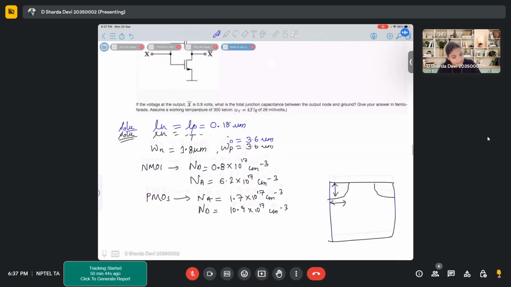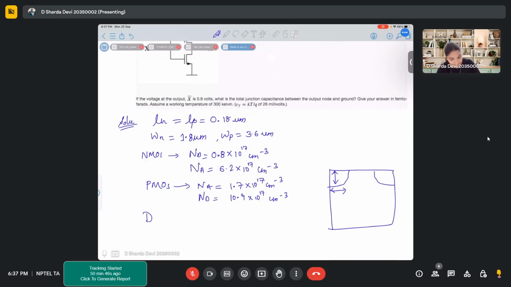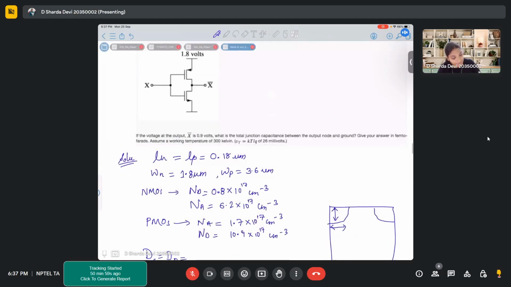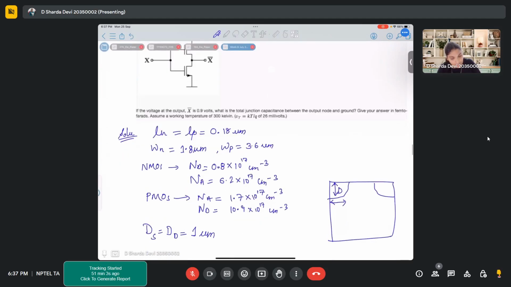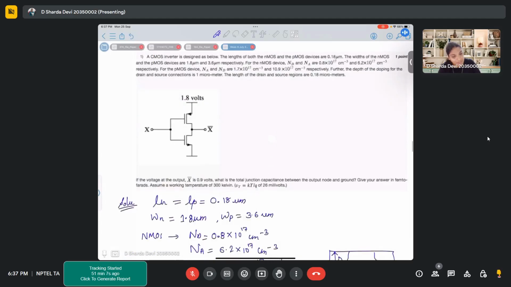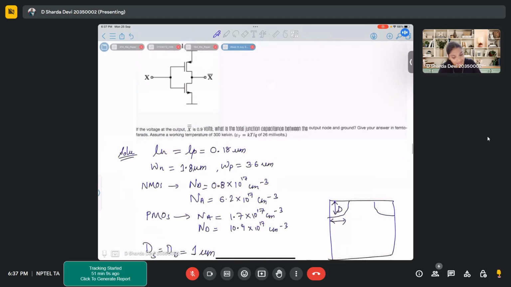So depth of source equal to depth of drain is 1 micrometer, and the length of source and drain is 0.18 micrometer.